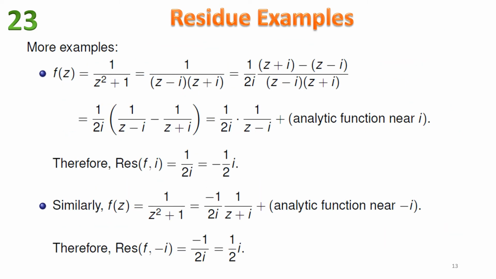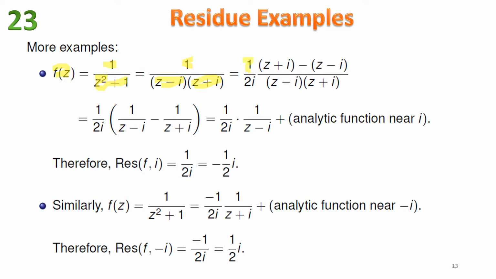We shall roll through some more examples. f(z) is equal to 1 over z squared plus 1. In a smart way, we can write this as 1 upon (z minus i) into (z plus i). So this can be further modified to express this term like this.